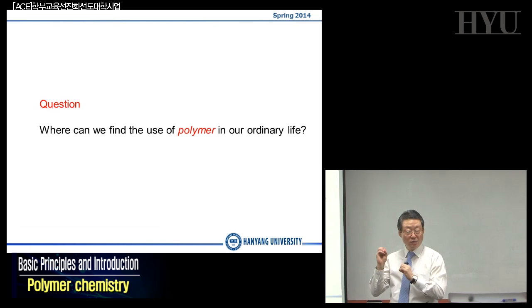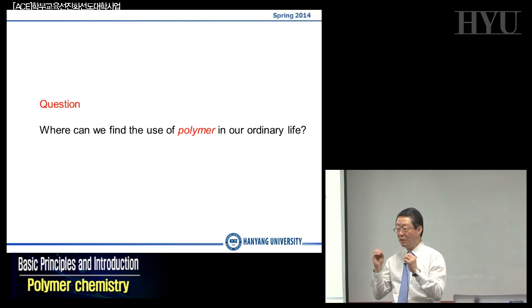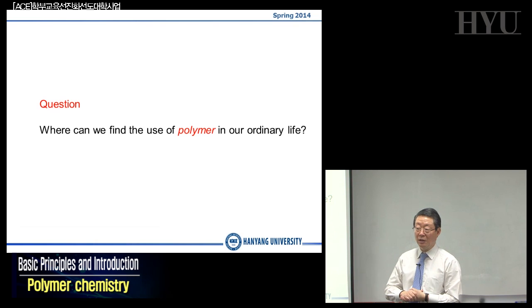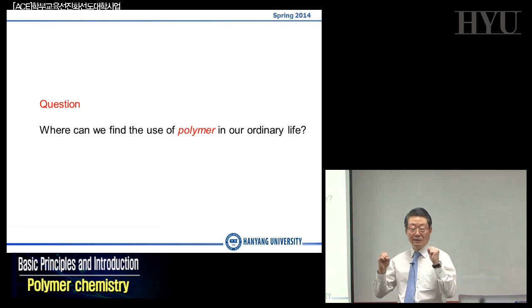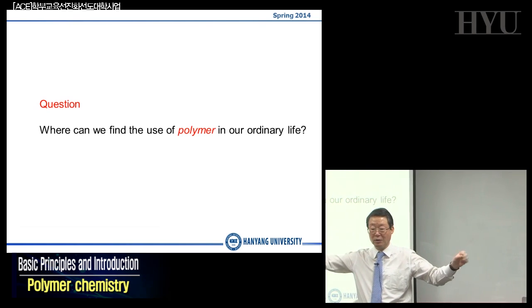The molecular weight is one of the characteristics of distinguishing the polymer from other materials, such as low molecular weight compounds, which we call monomers. Polymer is made of monomers reacting consecutively to form long molecular weight components.